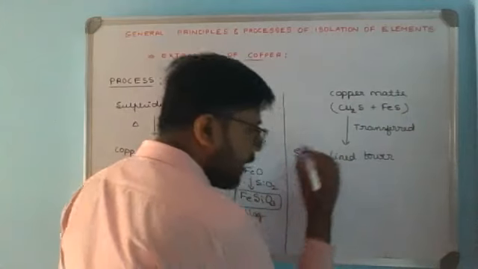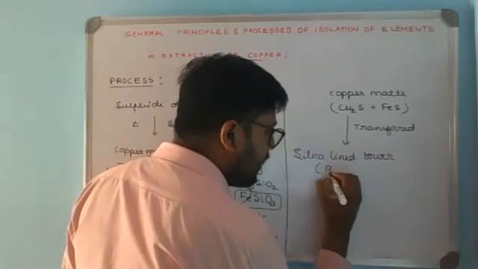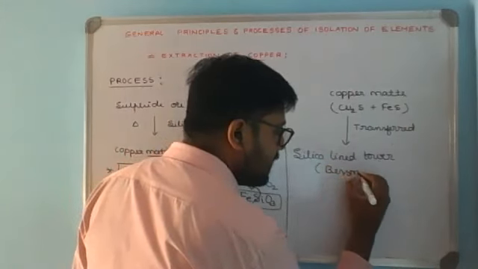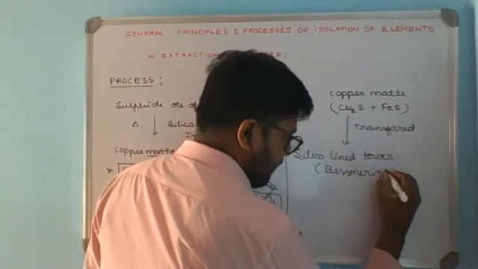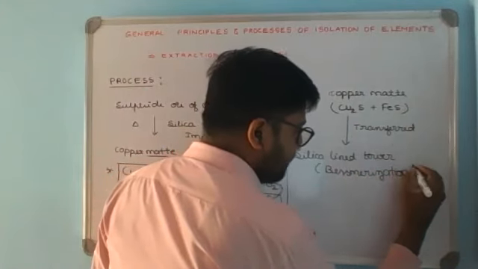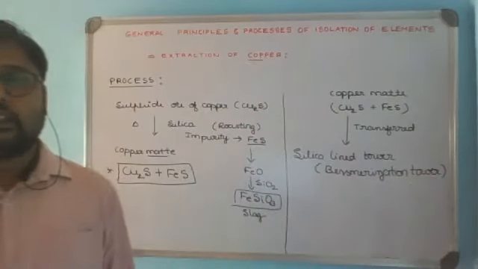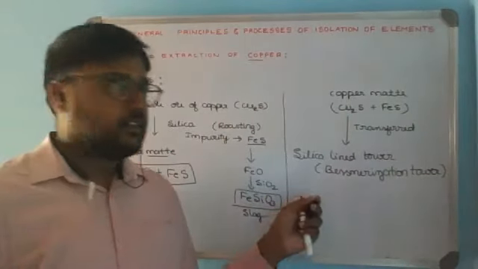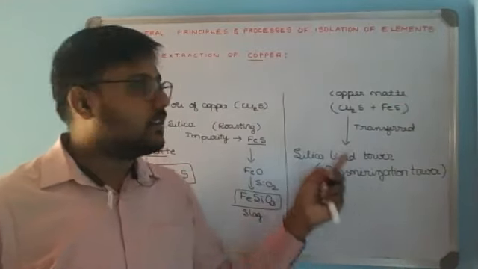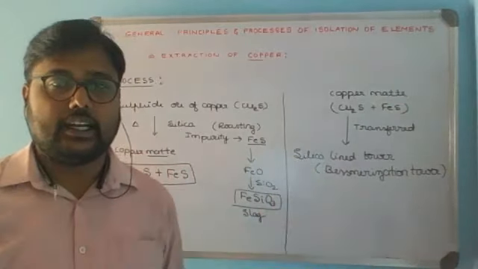The apparatus which is used is called a Bessemerization tower. In the silica lined tower, the copper matte is heated.